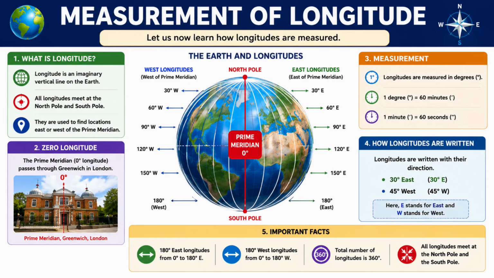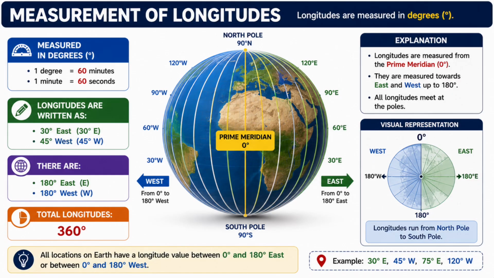Let us now learn how longitudes are measured. Longitudes are measured in degrees. The prime meridian represents 0-degree longitude. Longitudes are measured towards the east and west of the prime meridian. 1 degree is equal to 60 minutes, 1 minute is equal to 60 seconds.